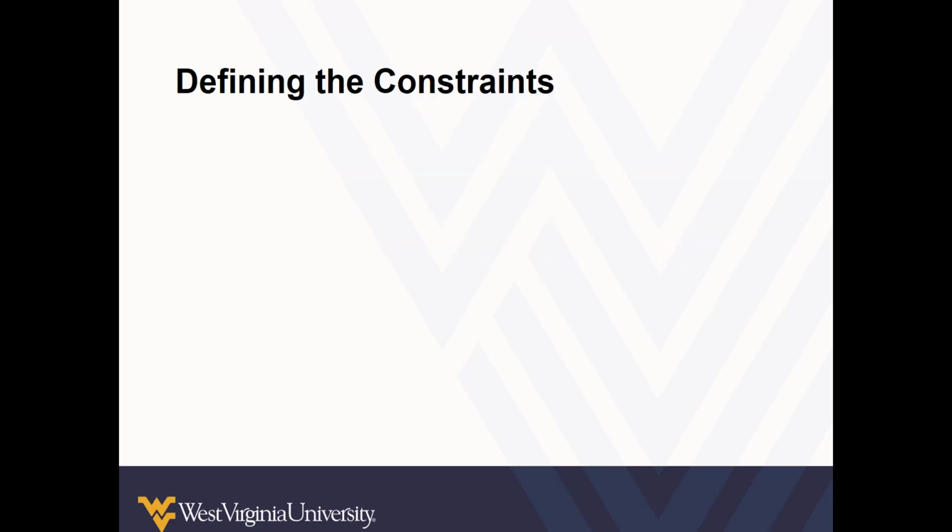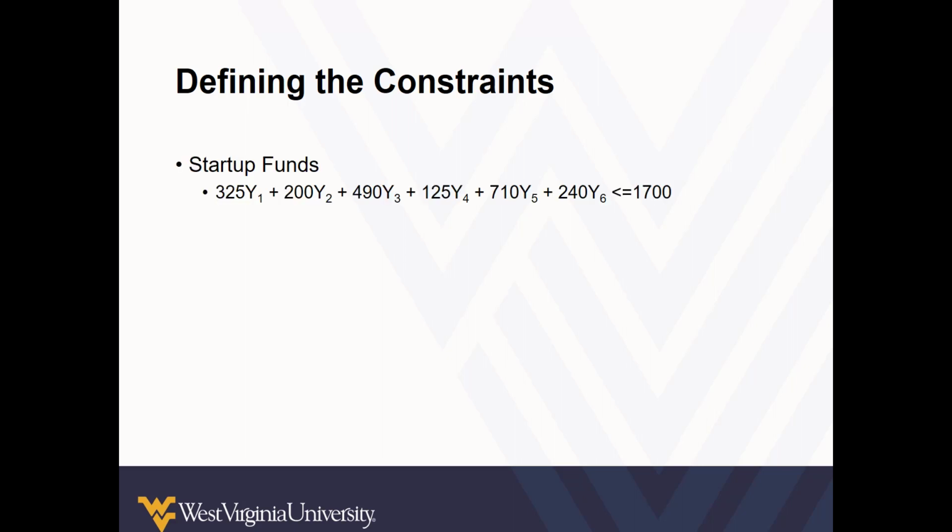So we have a number of constraints to apply to this problem. The selected projects in total may not equal more than $1.7 million in startup funds. No more than 25 engineers are required across all selected projects. And engineers can only be assigned to selected projects.